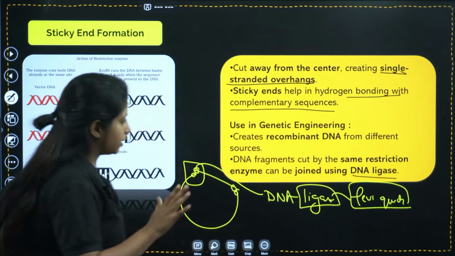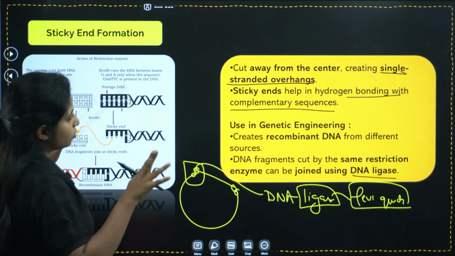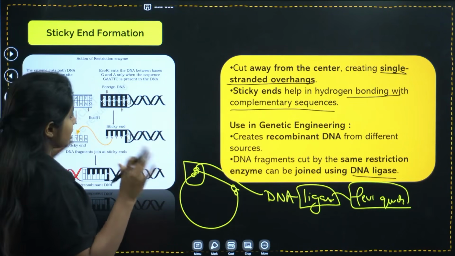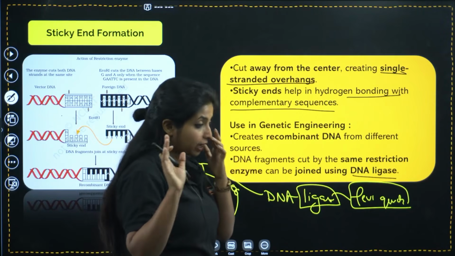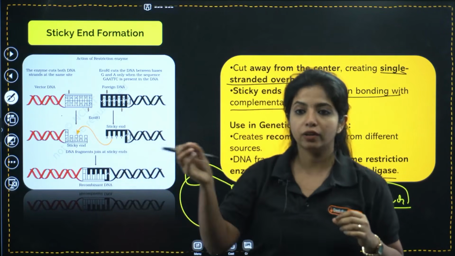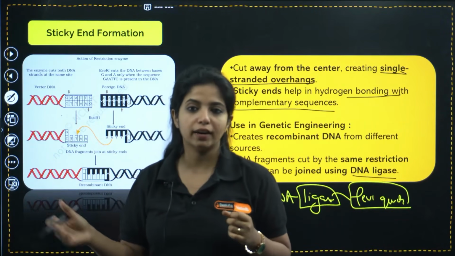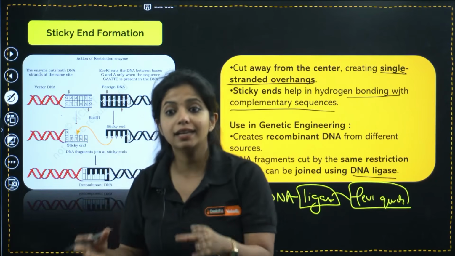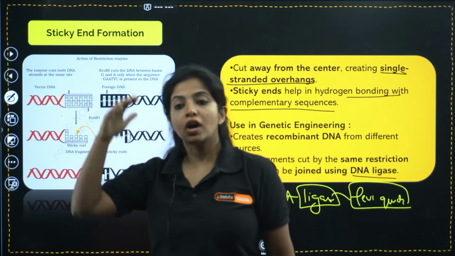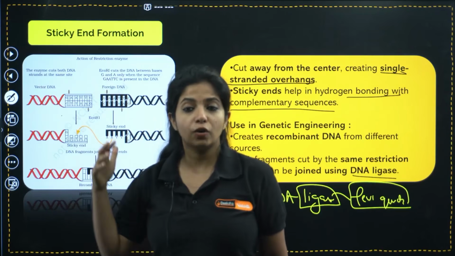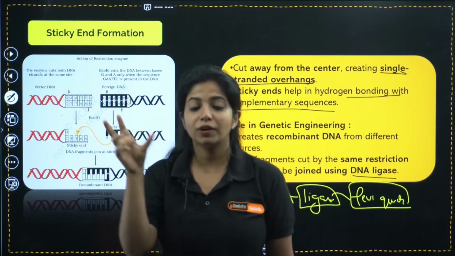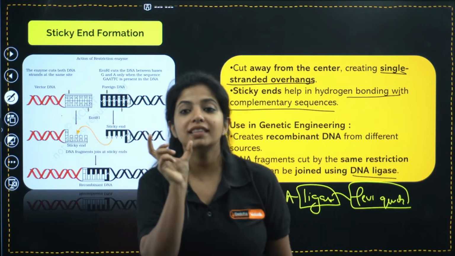Okay, done, fine. Now, restriction enzyme part is clear, but I have a request. As I told you, EcoR1, you get it from Escherichia coli. Similarly, if you are given any enzyme and you are asked from which particular bacteria or organism you get it, check whatever the term is given over here in the enzyme's name.